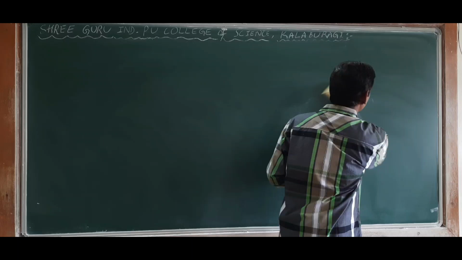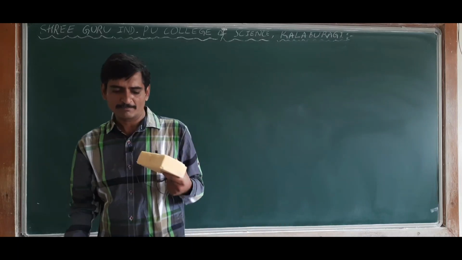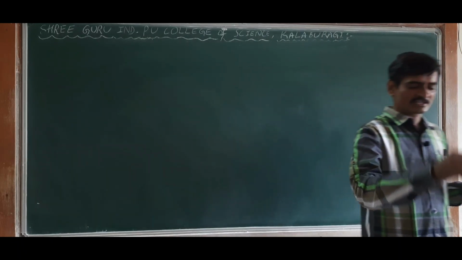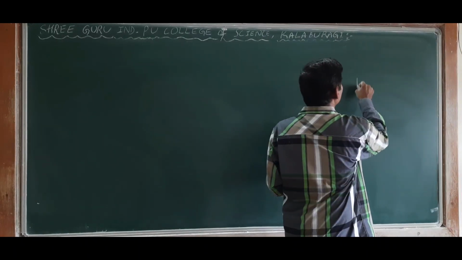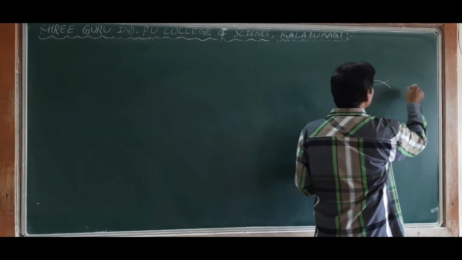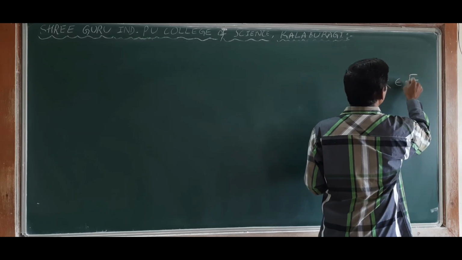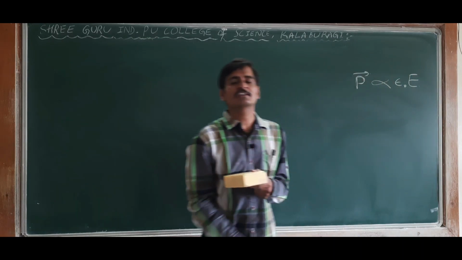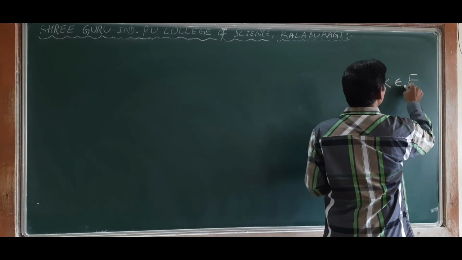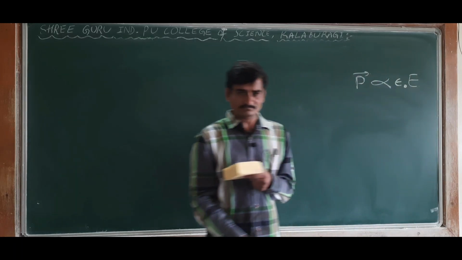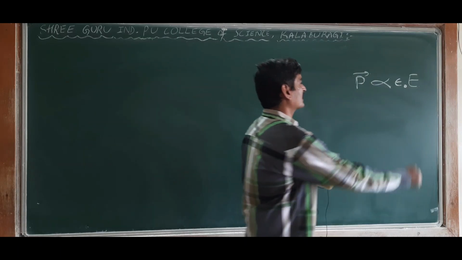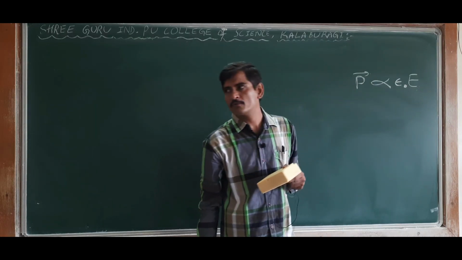Further, we know that the polarization of a dielectric is proportional to the reduced value of the electric field, that is, vector P is proportional to epsilon naught vector E. Vector E is the reduced or net value of the electric field.